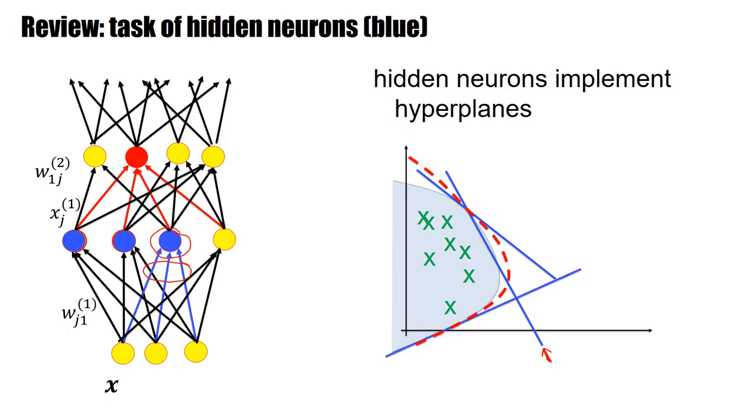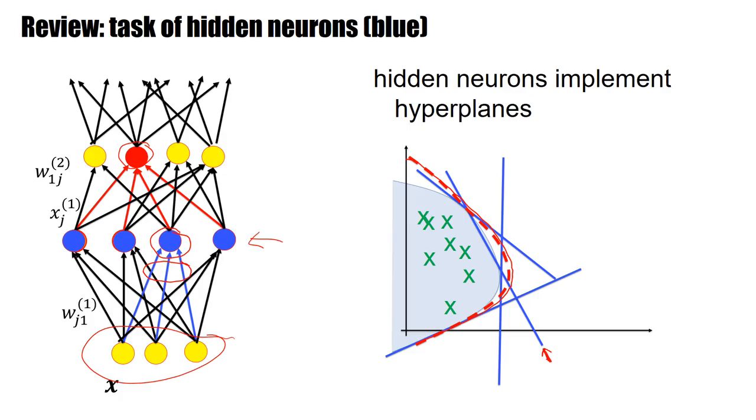There's neuron number 1 implementing this hyperplane, neuron number 4 implementing this hyperplane. Now, the red neuron up here implements a hyperplane in this space here, but overall, when projected onto the input space, it would correspond already to a nice, smooth, separating surface if I have a sigmoidal gain function for these neurons.